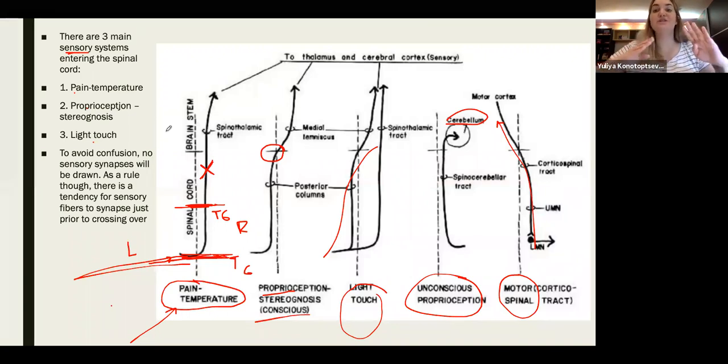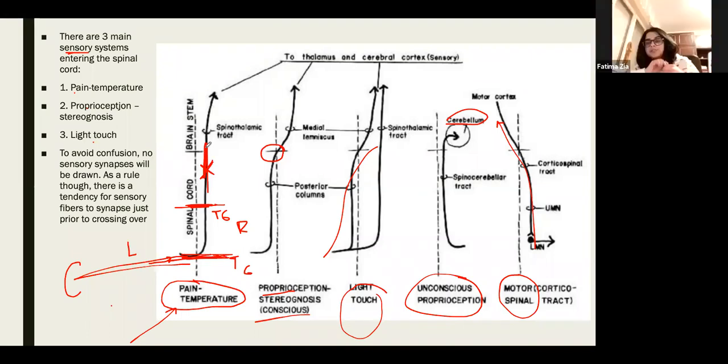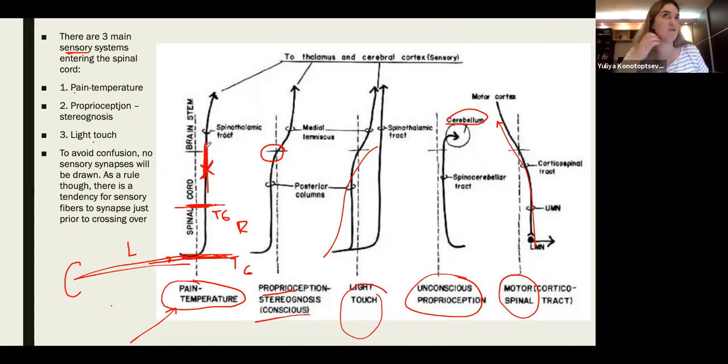So the neurons carrying information from the left side create a tract located on the right side. If I damage this tract, if I have a stroke, an infection, or I cut my right side completely, I lose the sensation on the left side.